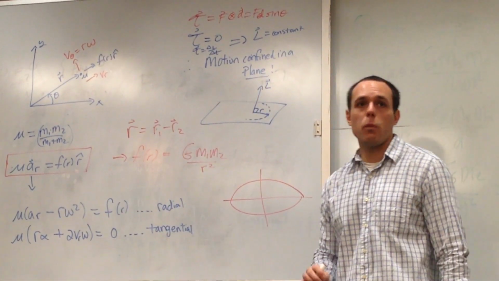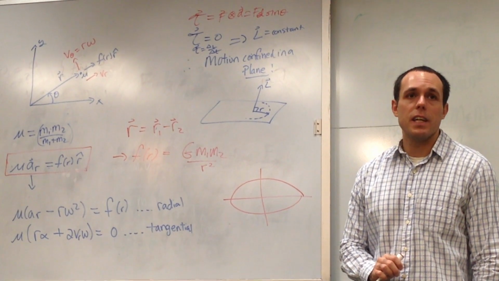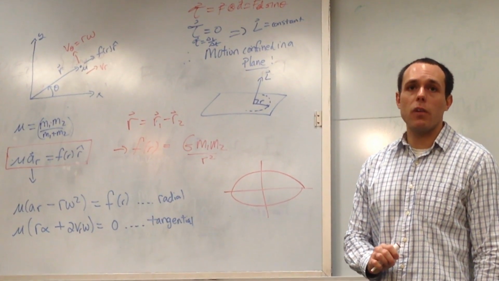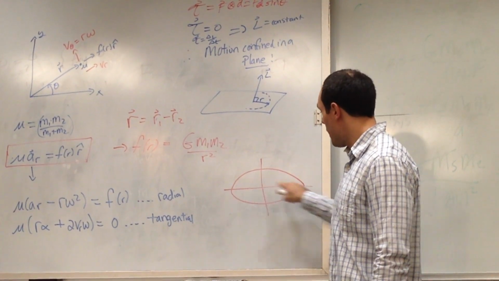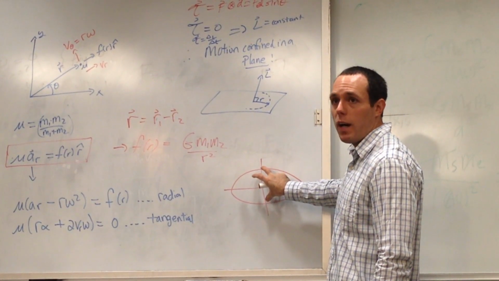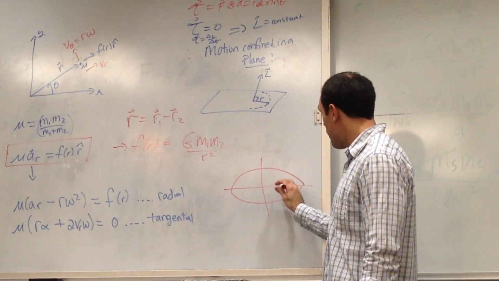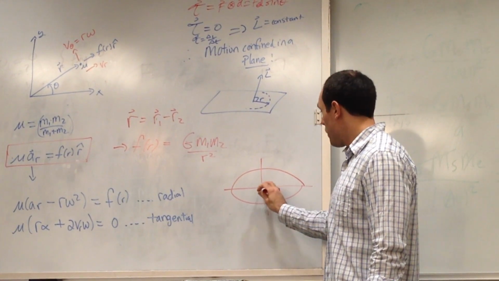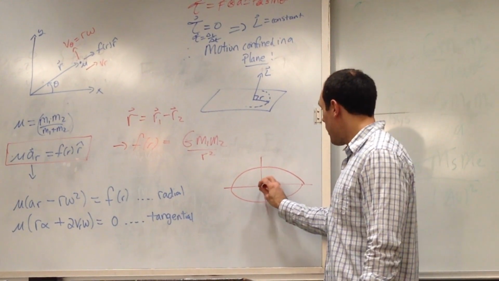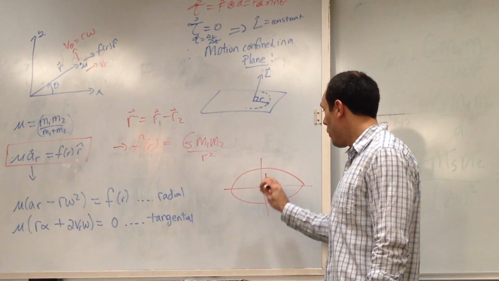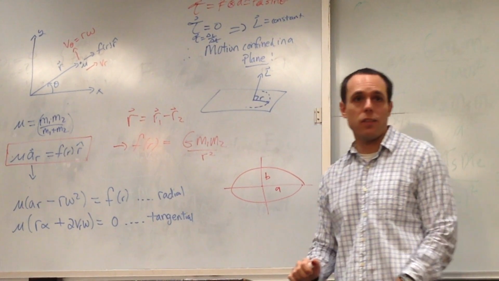So unlike a circle where the radius is always constant, here the radii are different, where one is larger than the other. This x from here to here is longer in diameter than y, so that would be called the major axis. And a, from the origin to over here, would be the semi-major axis. And from the origin to this position here would be b, the semi-minor axis.